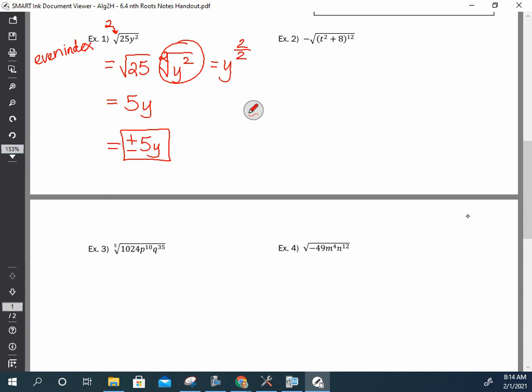Leave it as t squared plus 8 raised to the 12th power. We can simplify it using our powers. There's no number out there, so it's understood to be a 2. So we're going to take t squared plus 8 raised to the 12 divided by 2 power.